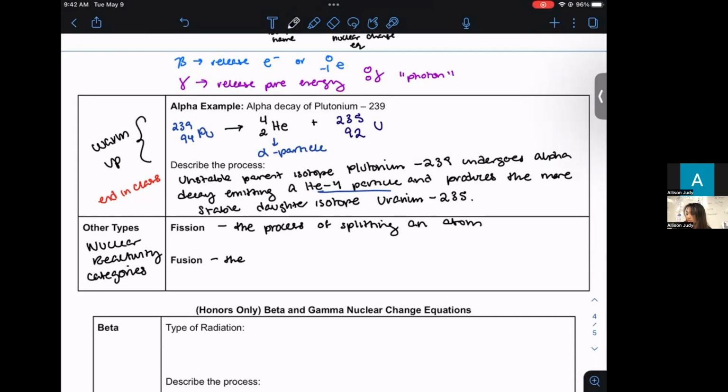Fusion is the process, if you could not already tell, of colliding two atoms together. Both release immense amounts of energy, even more energy than natural decay. Both require energy input, but the energy output is at such a large scale that it negates the energy input.